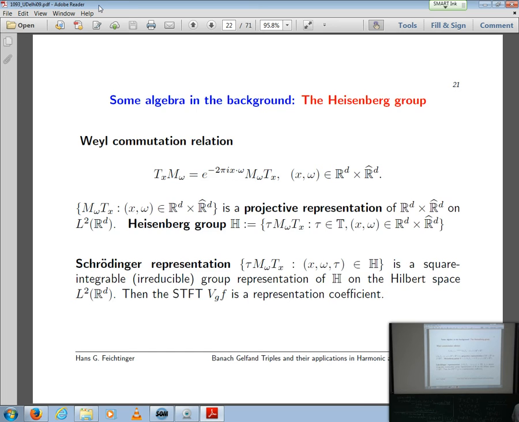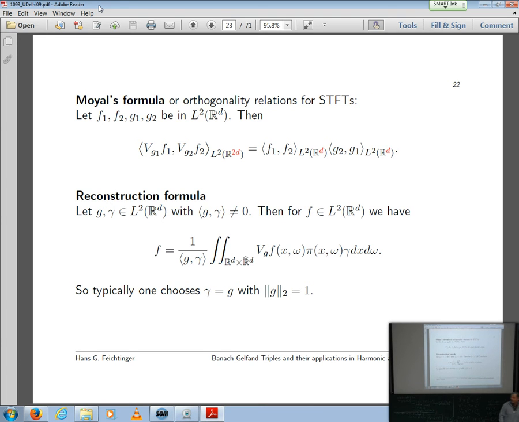And now I think I can skip some other parts. The important property is, if you choose a window which is normalized, so maybe you read the first equation with window g equals g1 equals g2, and assume that it's normalized, you see that the scalar product of the spectrograms is the same as the scalar product of the functions. So you are having a mapping. Usually I'm thinking of this as our signal space. I'm mapping into the bigger Hilbert space of more variables, and there is a closed subspace, but it's isometric.